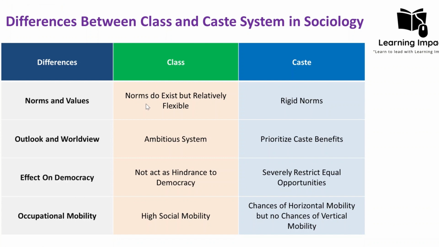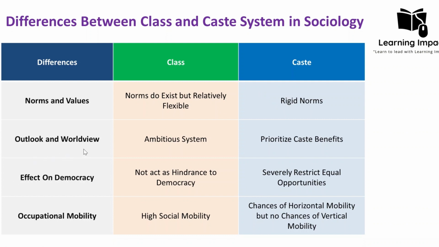One norm which today is associated with the elite class can become a norm of the middle or lower class. It can be impacted by the media, and it can also be changed by other social changes. But in the case of the caste system, it is more rigid, because it is deeply rooted in society and is mostly a part of the closed system.